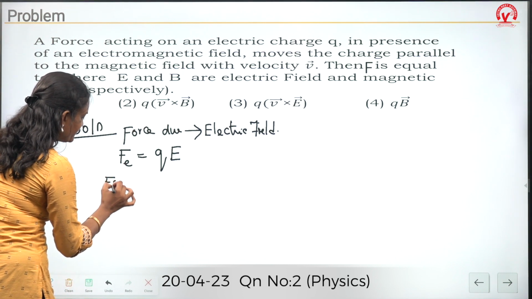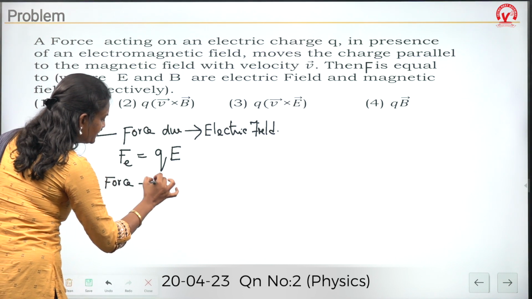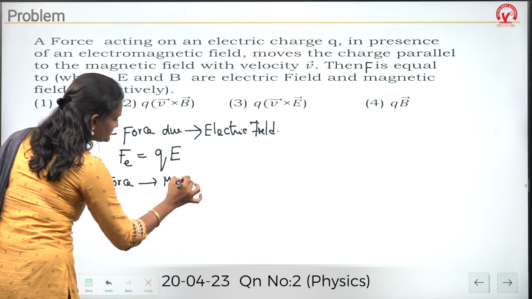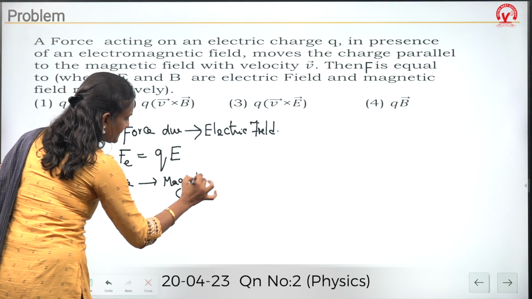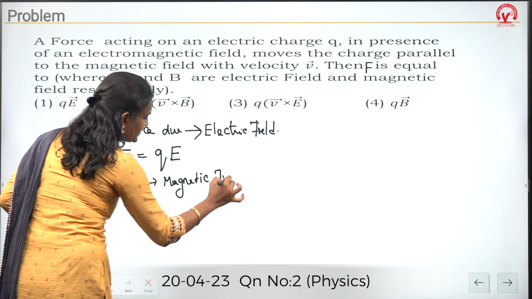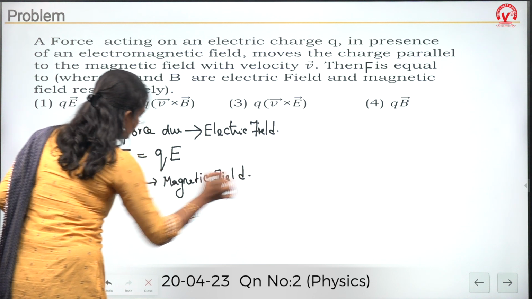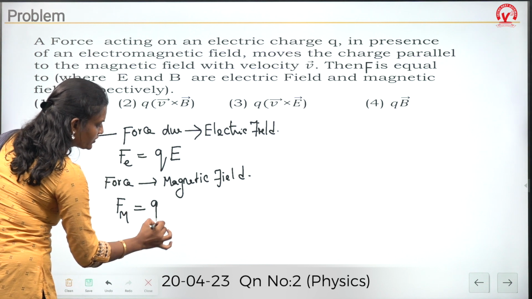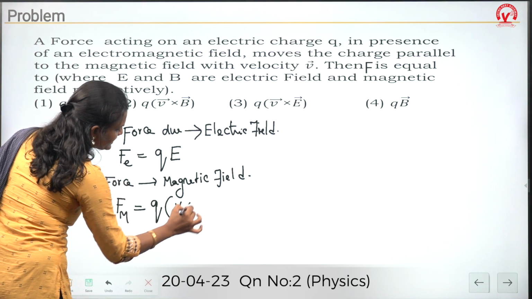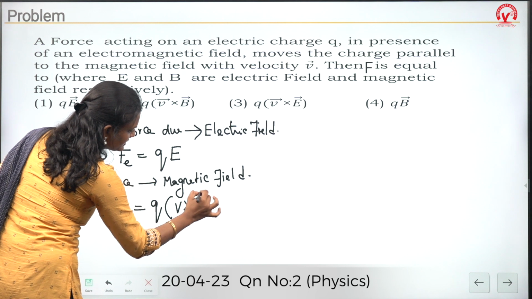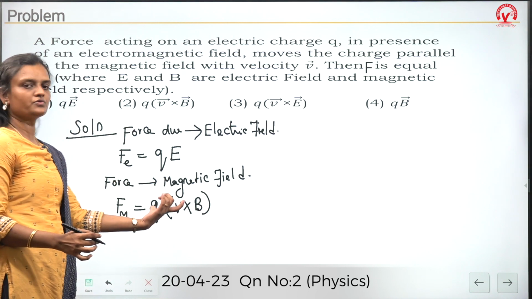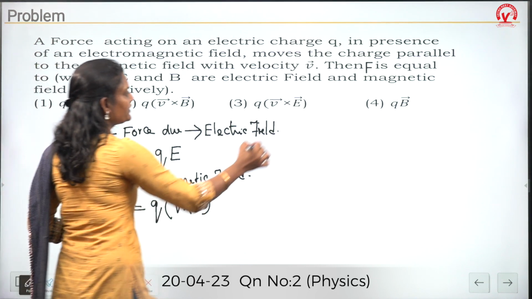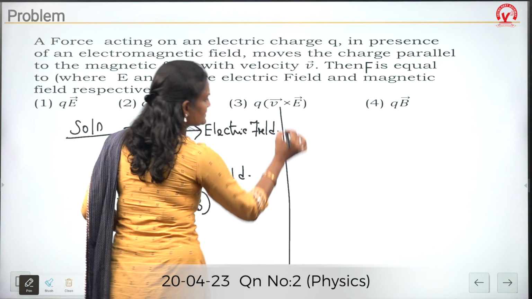Now find the force due to the magnetic field. So the force due to the magnetic field is equal to Q into V cross B. This is the formula for the force due to the magnetic field. Now we need to find the total force.